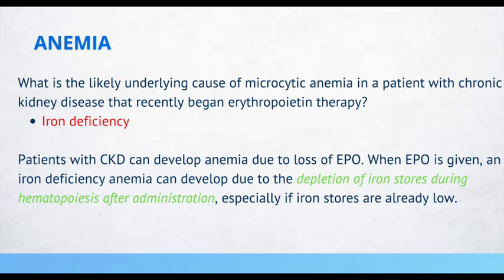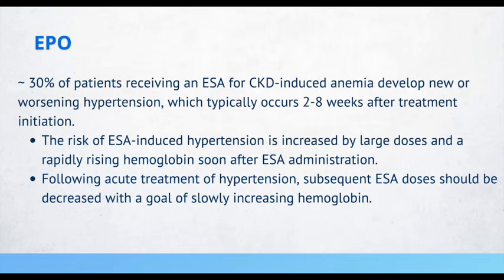This is because when they're given the EPO, this can lead to a depletion of iron stores during hematopoiesis after the administration of EPO. Another important fact that you must remember is that if a patient is taking an EPO agent due to a chronic kidney disease induced anemia, they can develop worsening or new hypertension because of this agent.